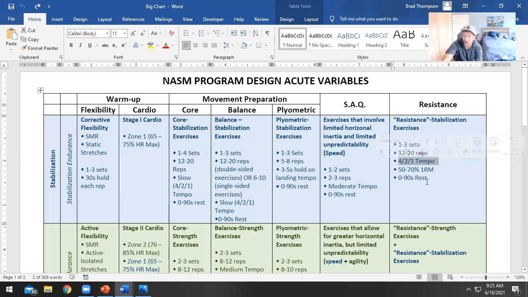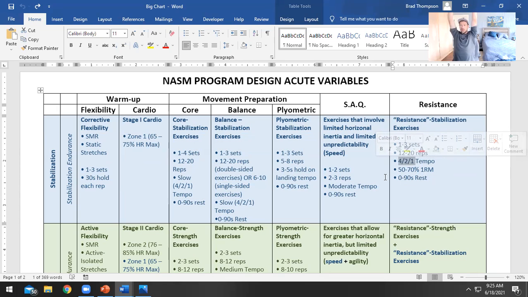You guys might remember that I mentioned tempos earlier in this module when we were talking about muscular contractions, right? This represents the 3 parts of every single movement. There's the concentric part, there's the isometric part where I'm holding, and the eccentric part, right?